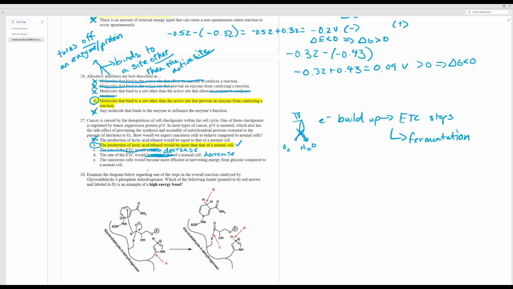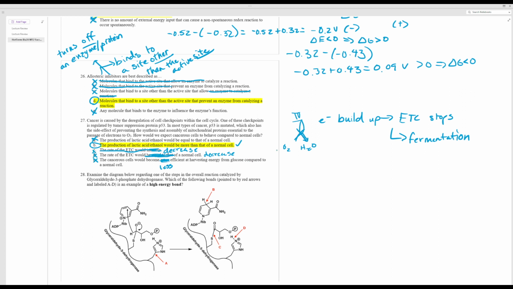So fermentation is not efficient. But you do fermentation if you don't have your terminal electron acceptor because it keeps you alive long enough to go get access to more of your terminal electron acceptor. So it definitely does not become more efficient. It becomes less efficient.